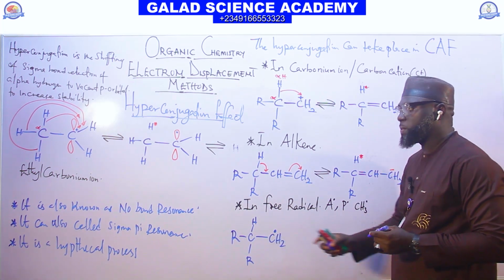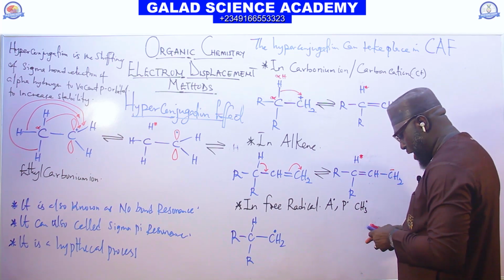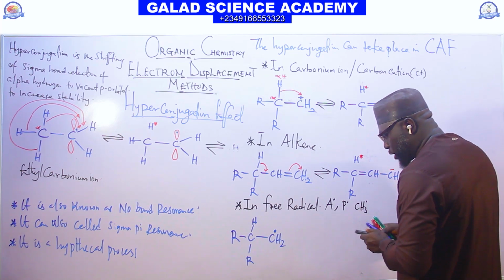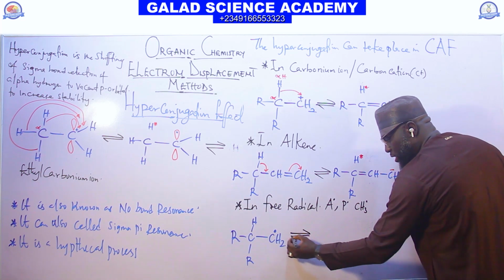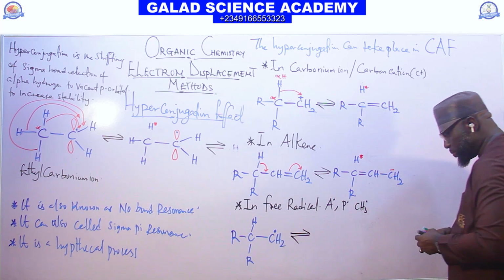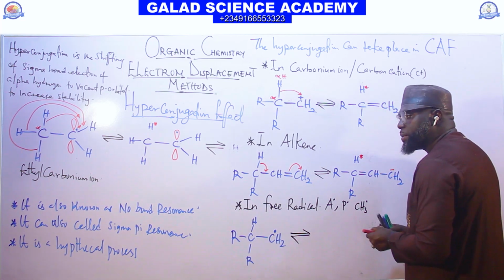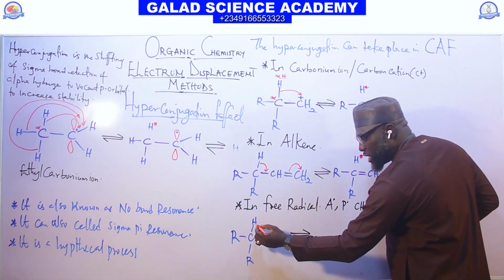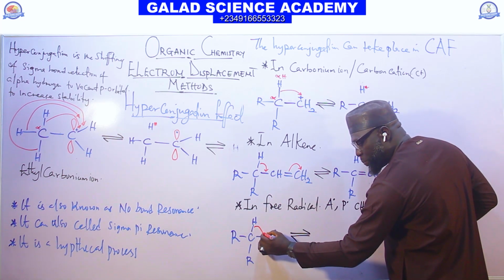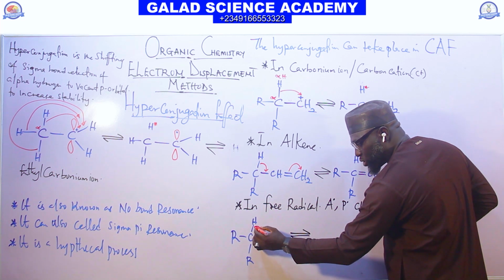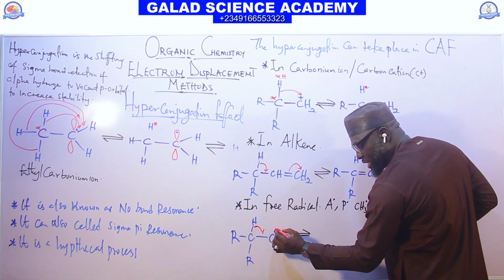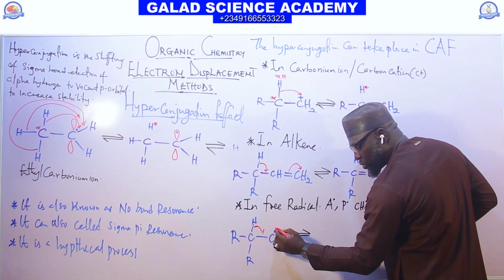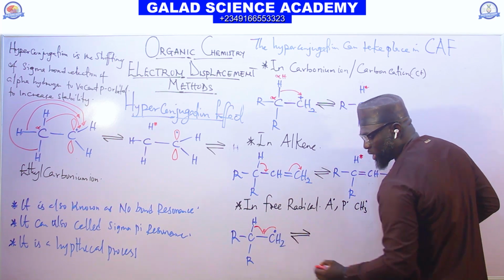This dot means radical, and it also happens here too. We have this reversible reaction. When this shifts one electron from this side, this dot represents one electron too. This also releases one electron.